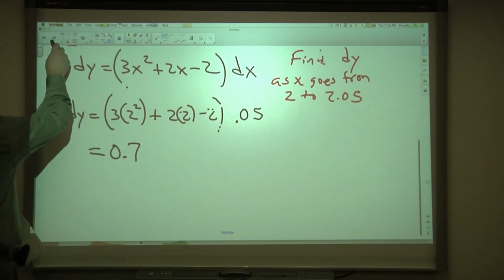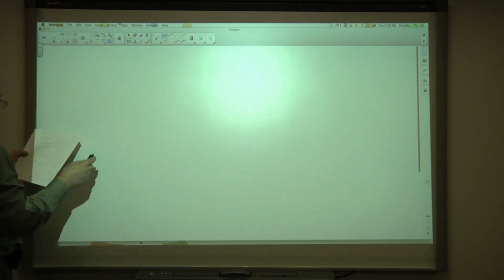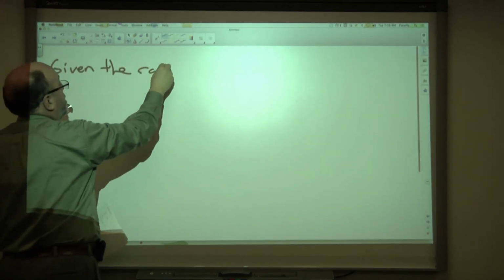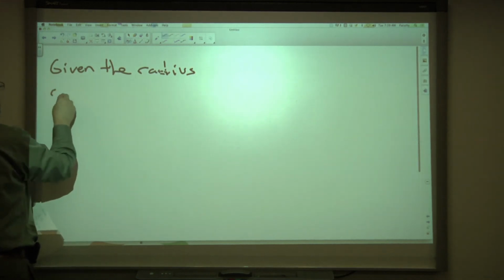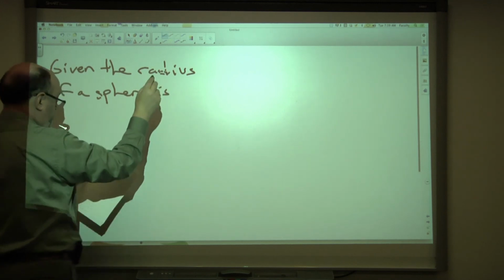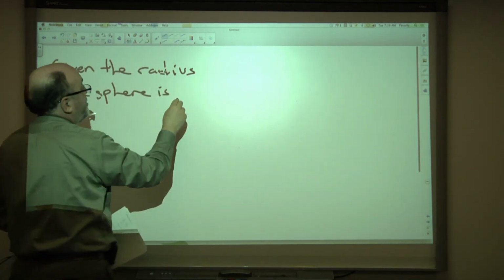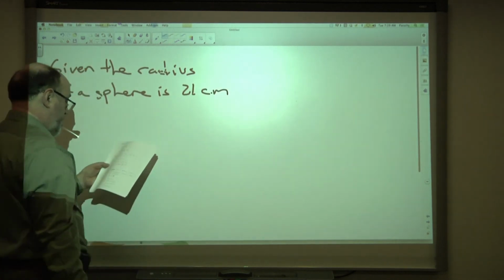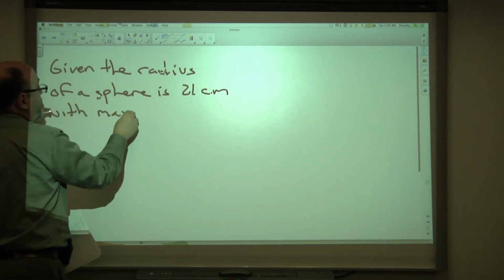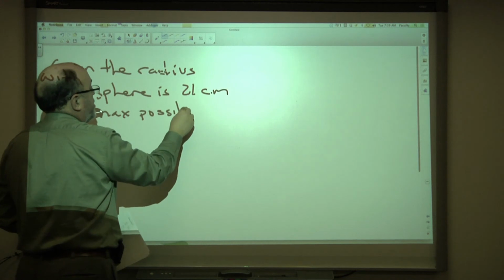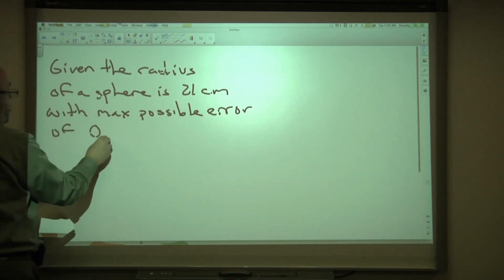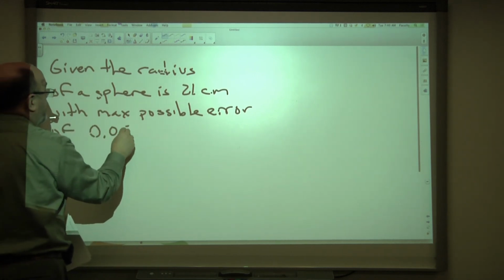So one more example of this, and that is, given the radius of a sphere is 21 centimeters, with a possible error, with maximum possible error of 0.05 centimeters.